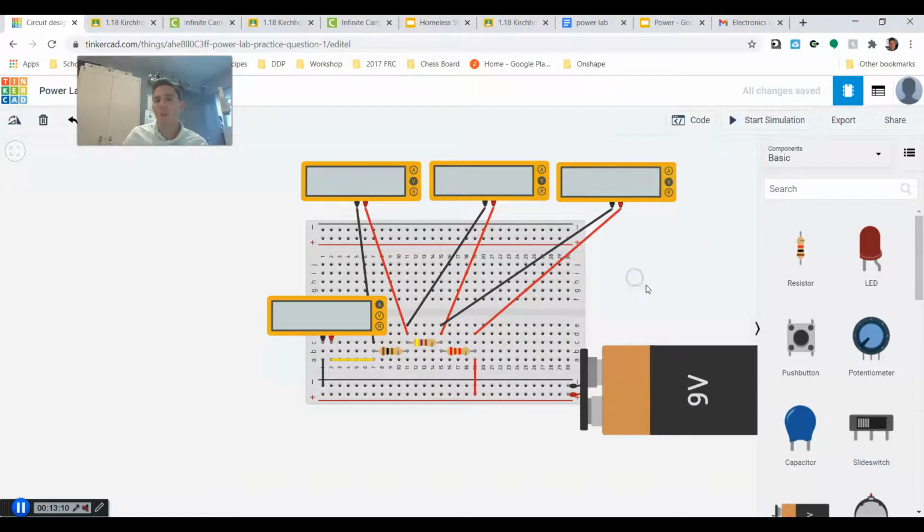So again, we follow in through here, we go through our ammeter in series, then we go through our circuit, and on each side of our resistor, we're going to be measuring the potential difference of voltage. When we start the simulation now, these are the numbers that we're getting.